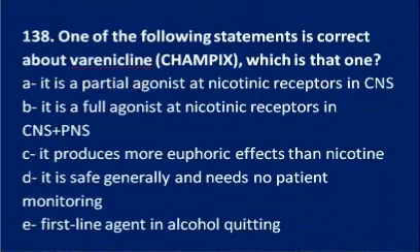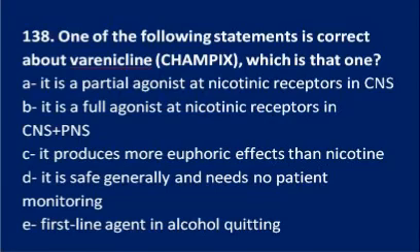Now the eighth MCQ: one of the following statements is correct about varenicline, whose brand name is Champix. Actually, we have to identify the correct statement about varenicline among these five options. So options are given.